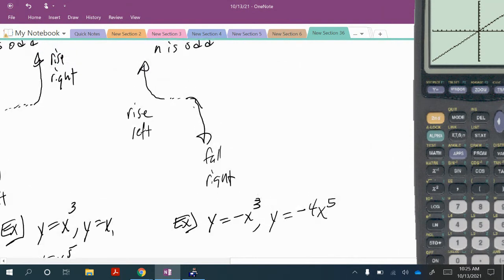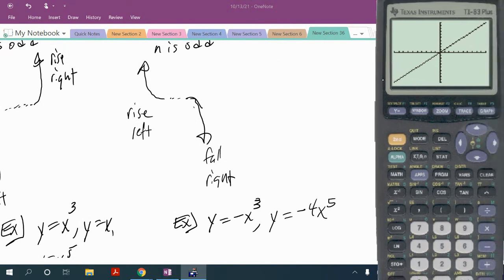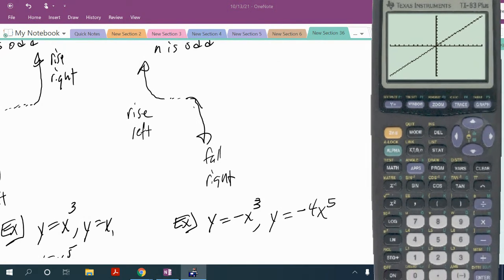Right. So just to see the graphs, I'm going to go back to y equals. I'm going to clear out those functions. I'm going to put in negative x cubed. Right, so notice it rises to the left, falls to the right.